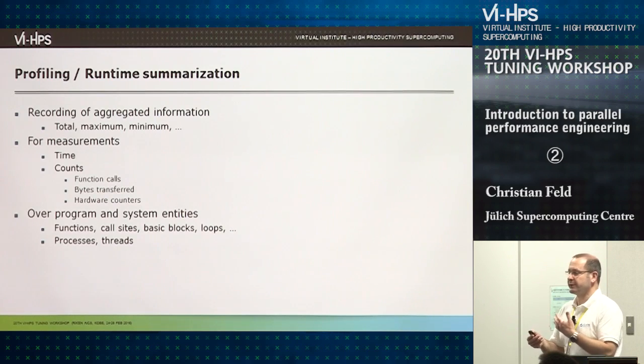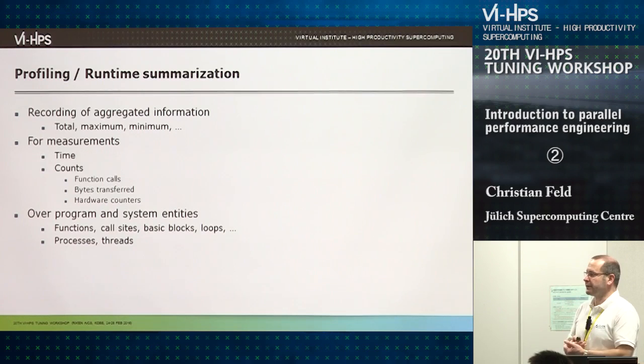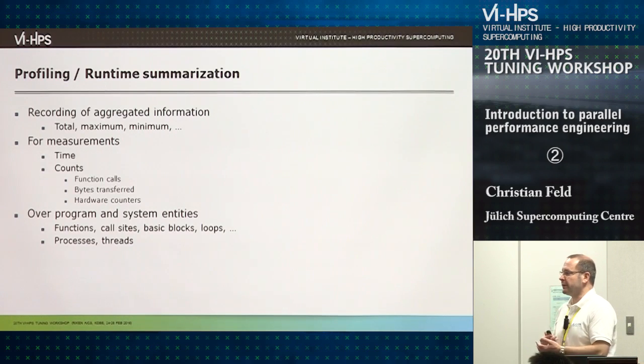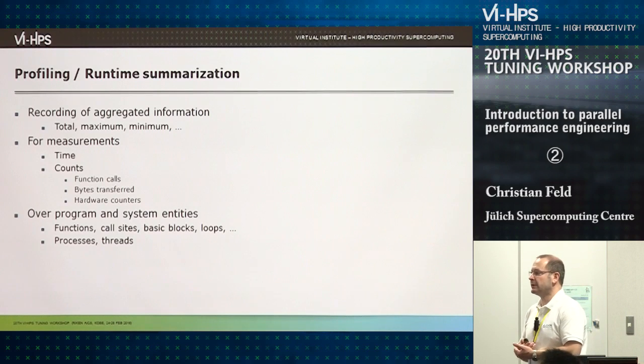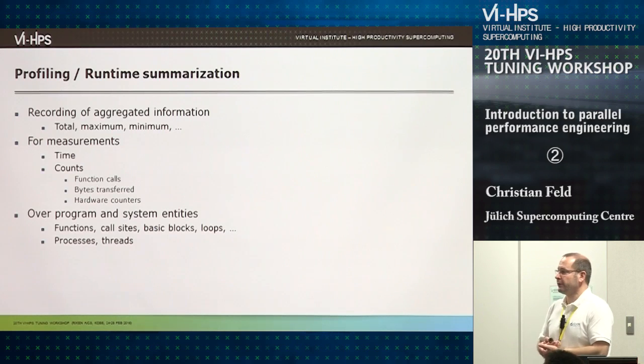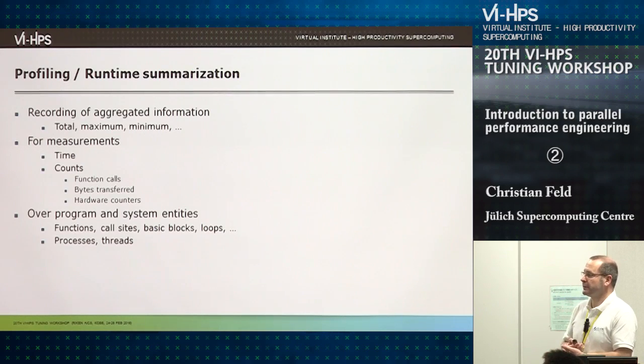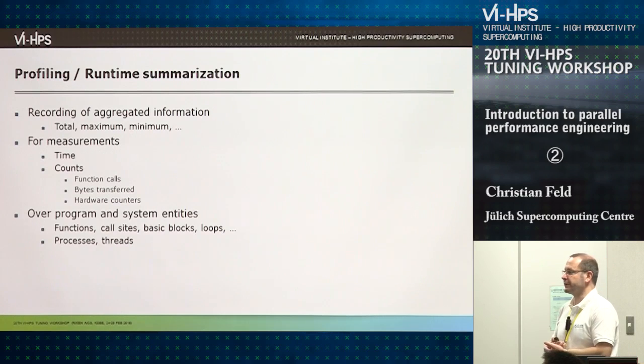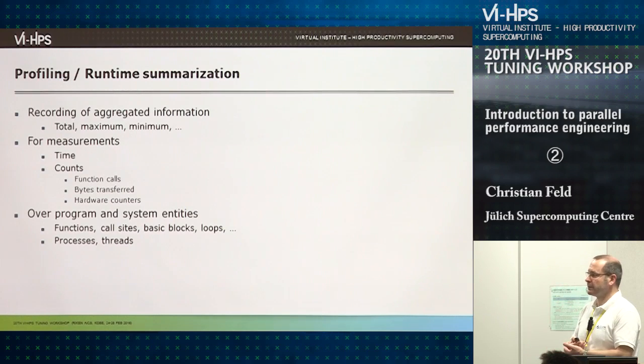So you can have some statistics, for example, some median and some quartiles, but the time dimension is lost. So same for the bytes transferred. There you get a total, and also for the hardware counters and function calls.